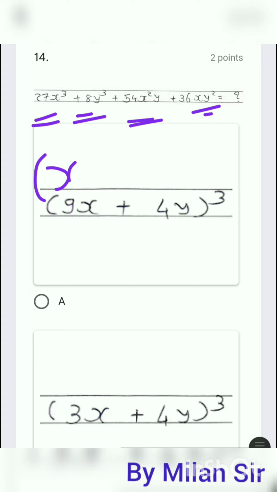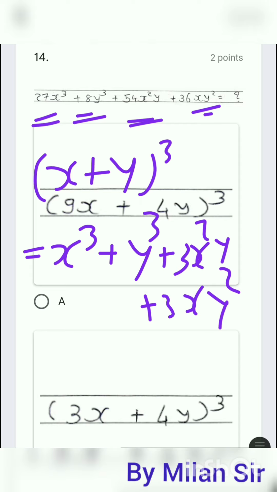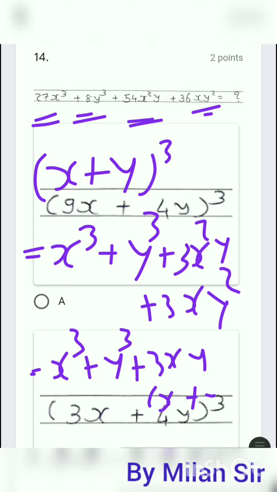It is the (x plus y) all cube, right? Because the answer of this identity is x cube plus y cube plus 3x square y plus 3xy square. Otherwise, initially we have this form: x cube plus y cube plus 3xy in bracket x plus y.